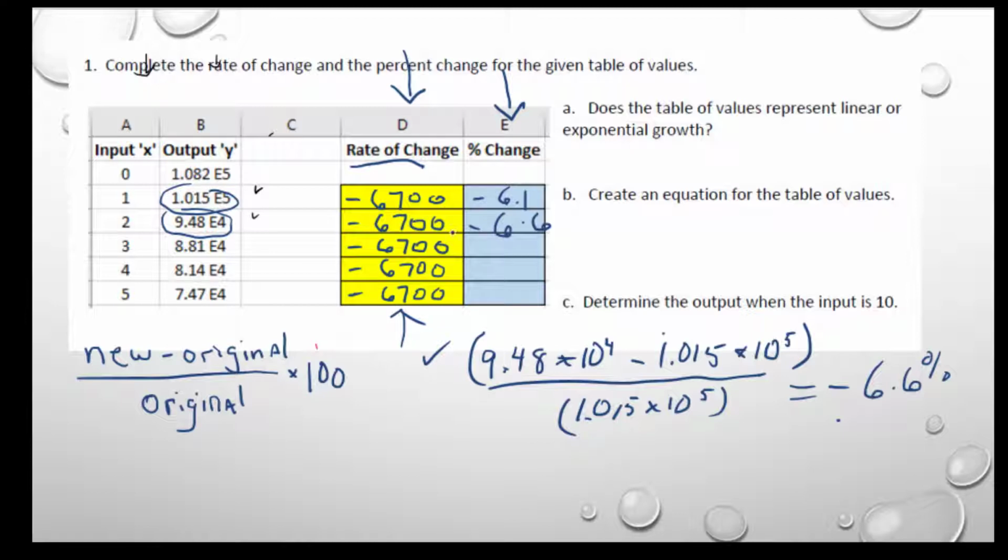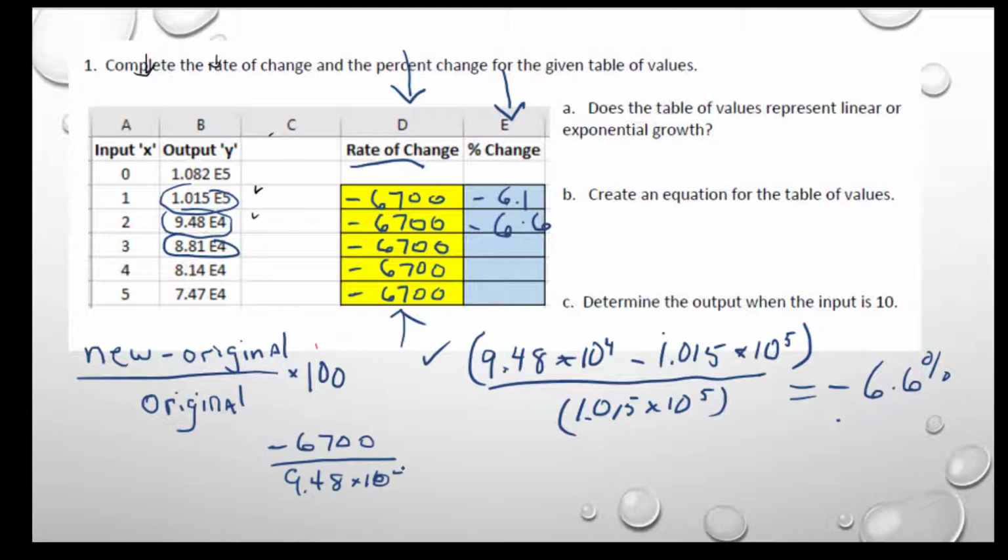So let's do these next three really quick. I'm going to have 8.81 e to the fourth minus 9.48 e to the fourth. That's going to give me a negative 6,700. I'm going to divide that by 9.48 times 10 to the fourth.